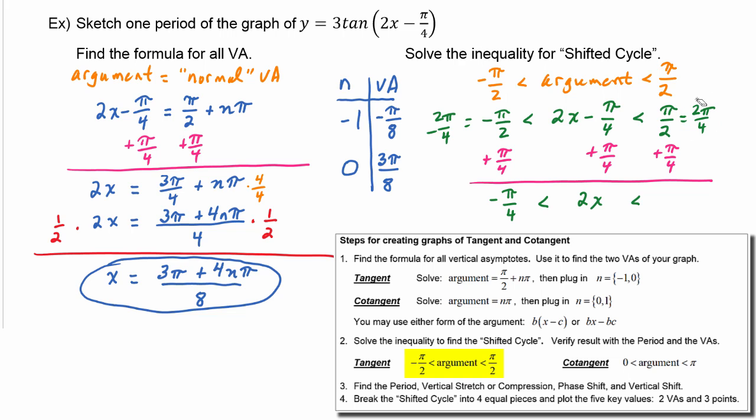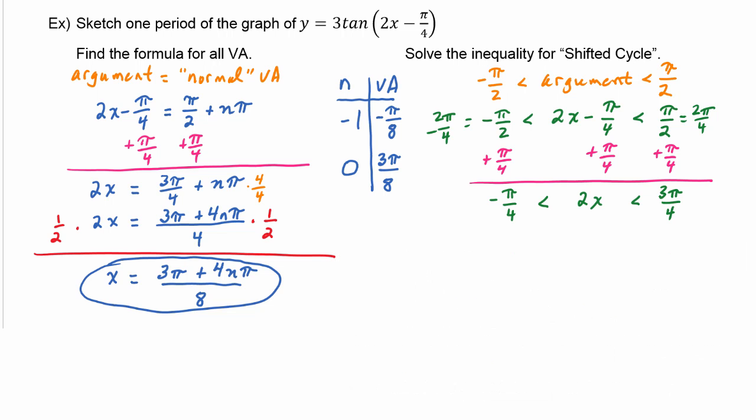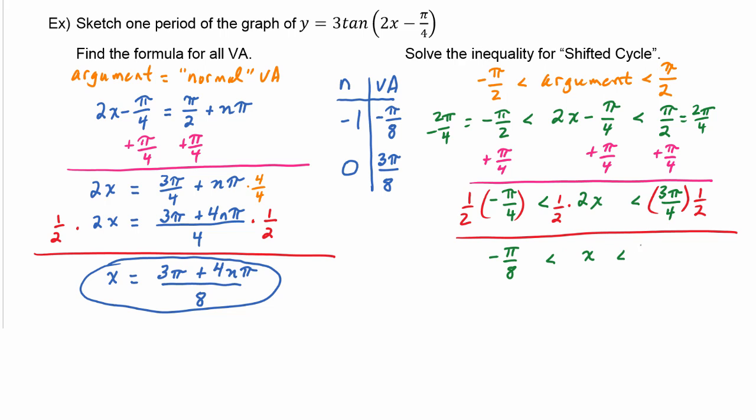So 2 pi over 4 plus pi over 4 is 3 pi over 4. We'll need to multiply each piece of the inequality by 1/2 to solve for x. And we get that negative pi over 8 is less than x is less than 3 pi over 8.